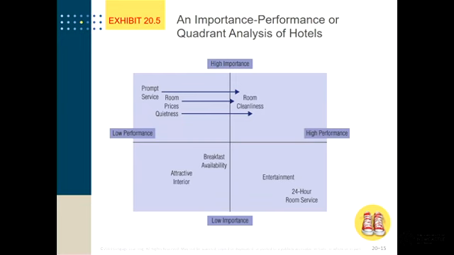You ask your respondents to rate them, first of all, on the basis of their performance. That means, were you happy with, say, 24-hour room service? Were you happy with the entertainment? Were you happy about the breakfast availability? Which one is most satisfactory for you?